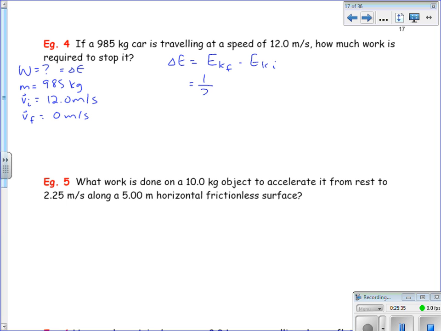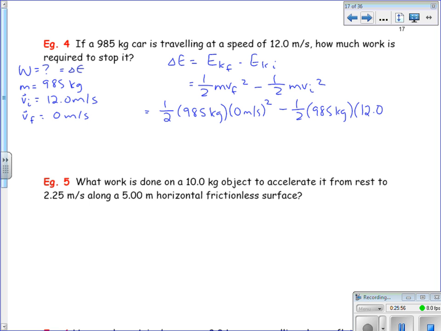So 1/2 mvf squared minus 1/2 mvi squared, which is 1/2 times 985 kilograms times 0 meters per second squared, minus 1/2 times 985 kilograms times 12.0 meters per second squared.